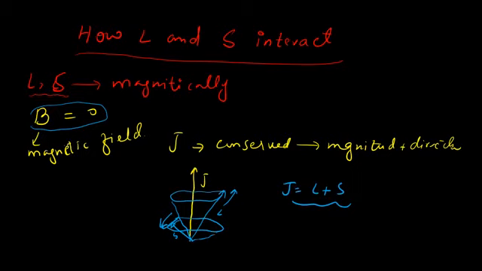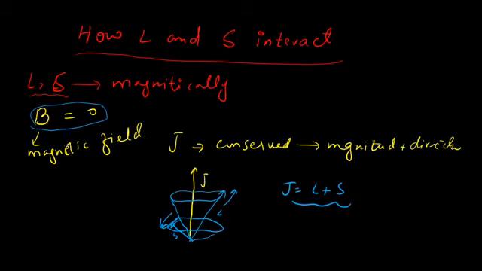In the absence of a magnetic field, as a result of the internal torque, the total orbital angular momentum and total spin angular momentum precess around the total angular momentum vector J.